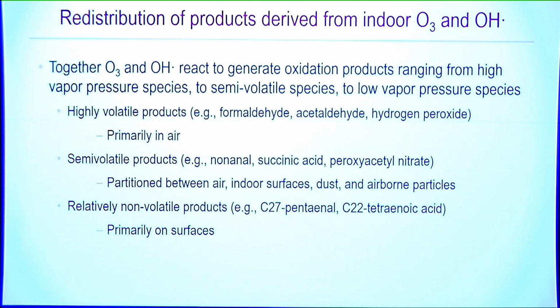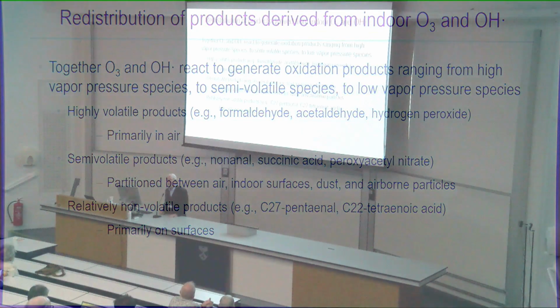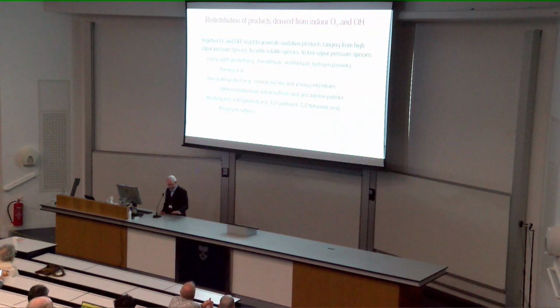These are compounds that partition between the gas phase and indoor surfaces, including the surfaces of particles or dust. Examples there are nonenal, succinic acid, or peroxyacetyl nitrate, PAN. You have relatively non-volatile products. They basically stay on the surface where the chemistry has occurred.